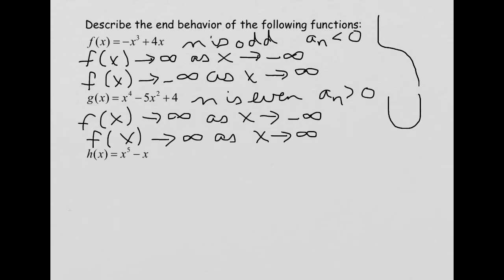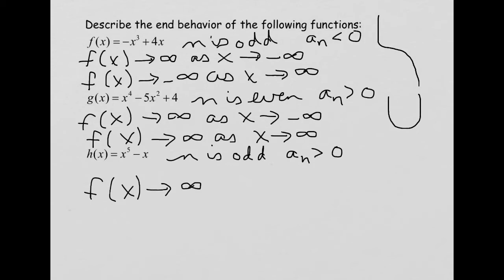Okay, our last one, the last example, n is odd. But this time, the leading coefficient is positive, so a sub n is greater than 0. So that changes up things a little bit as f of x approaches infinity as x approaches infinity.